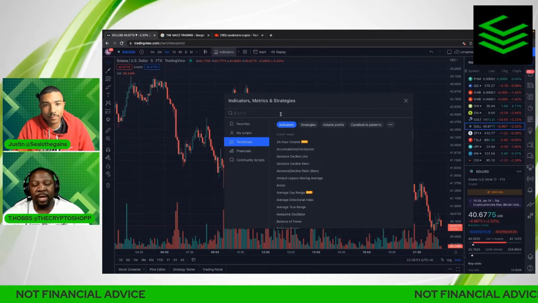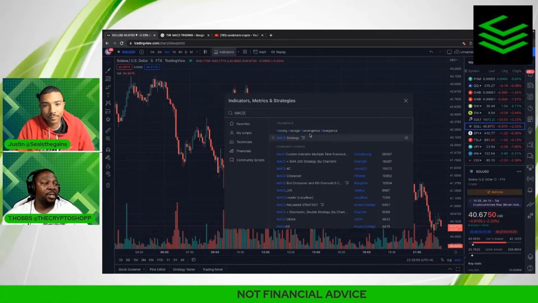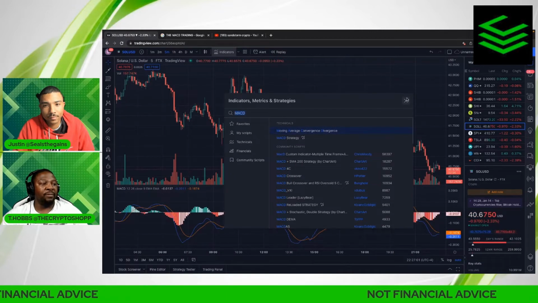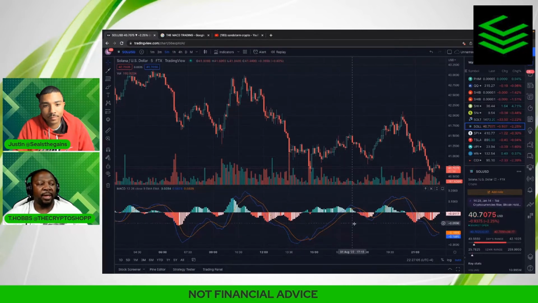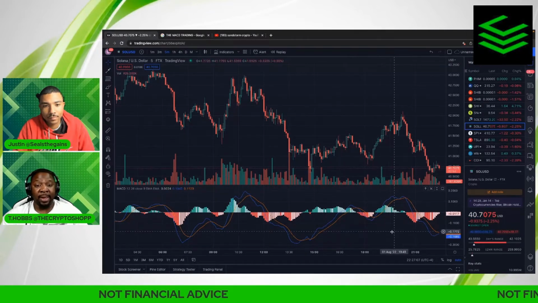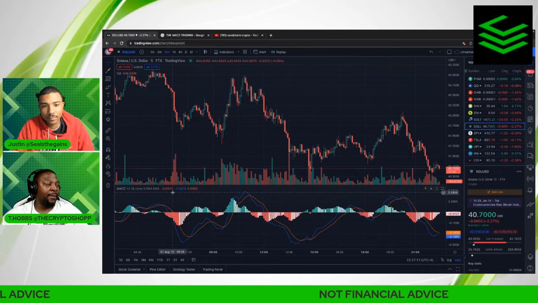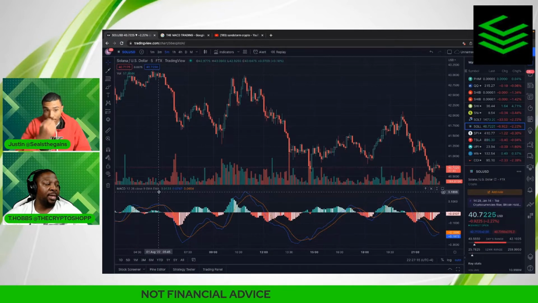What you'll do is type in MACD, and you'll see the moving average convergence divergence. You'll click on that and instantly TradingView adds the moving average convergence divergence, aka the MACD, all right? What you'll see here is MACD 12, 26, close, 9, EMA.